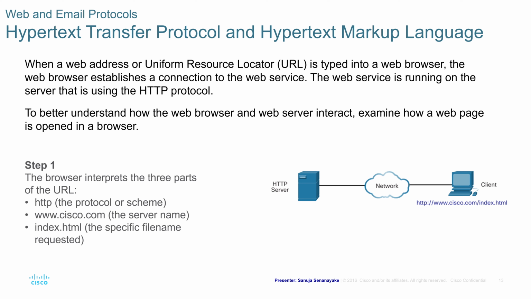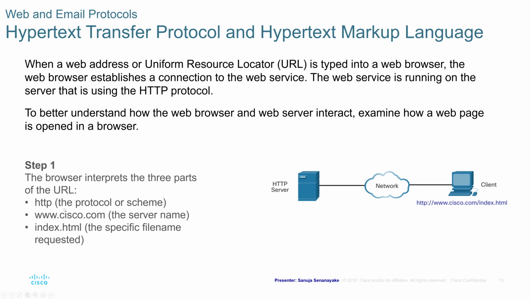To better understand how the web browser and web server interact, let's examine how a web page is opened in a browser. In this example, we are using the website www.cisco.com. On the web browser, the browser interprets three parts of the URL or Uniform Resource Locator.